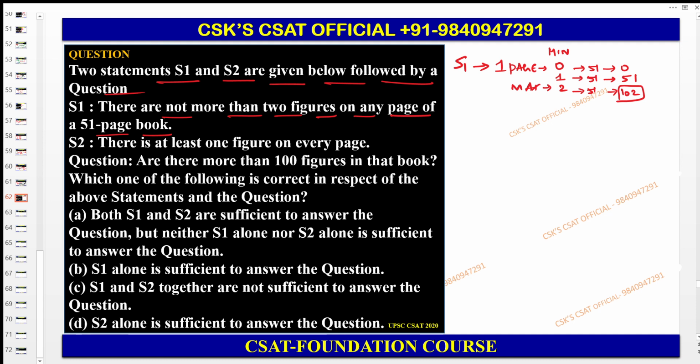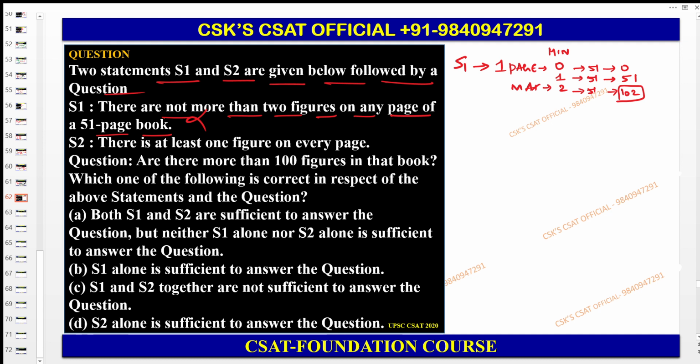But it says are there more than 100 figures, which means they are asking exactly whether there are more than 100 figures. No, it may be 0 figures also. It may be 51 figures also. There is a possibility. You cannot say anything. That is, you cannot answer with statement number 1 that the book contains more than 100 figures. So therefore, eliminate this one.